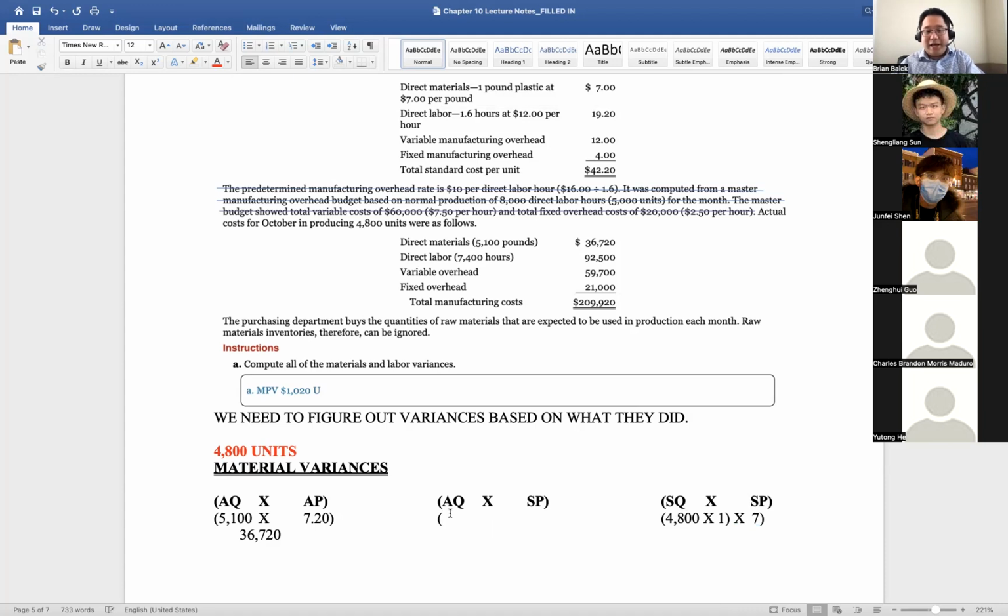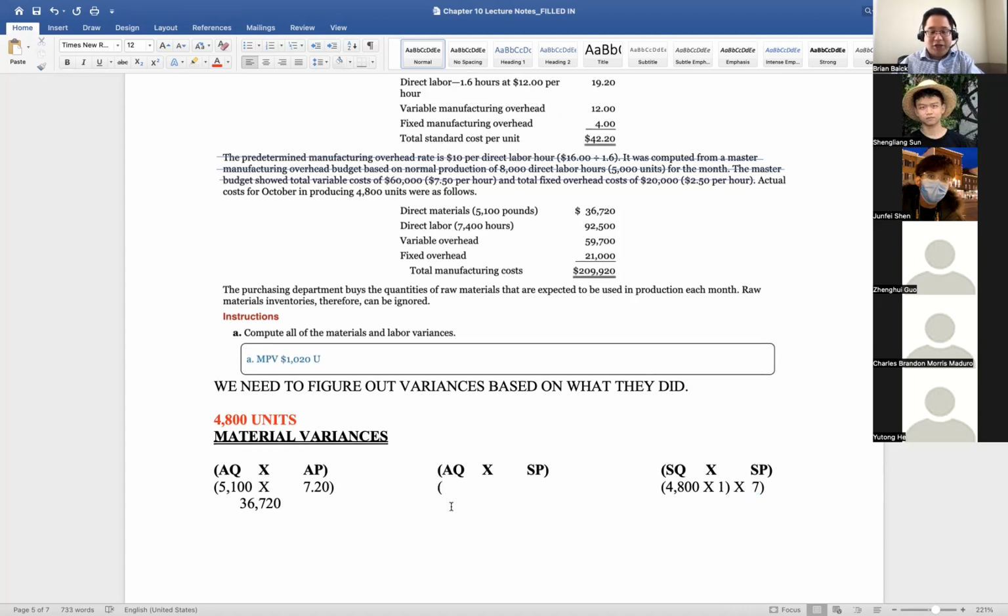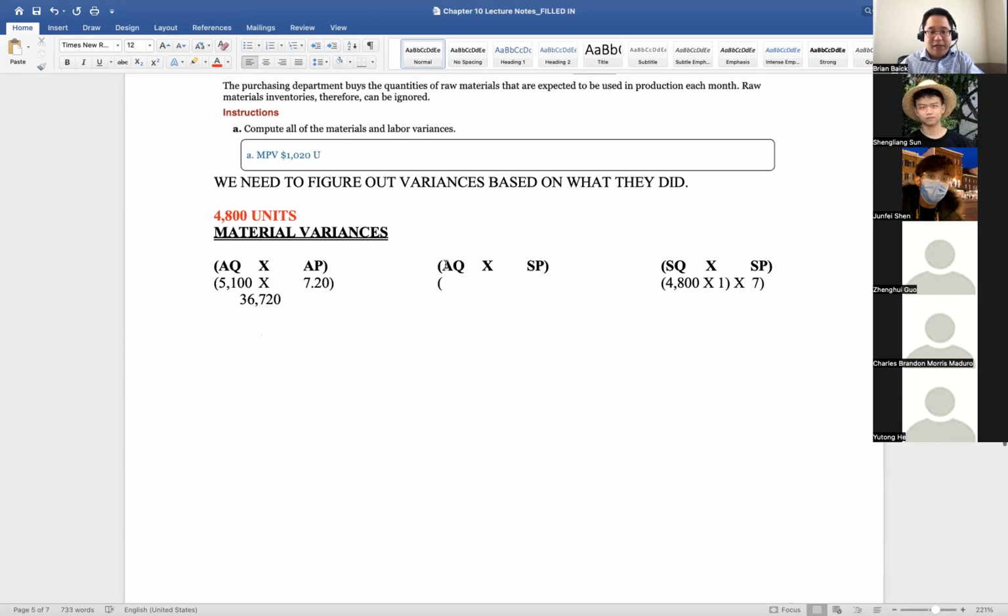The middle part is easy now once you get the left side and the right side, because here it says actual quantity, AQ. Well, that's 5,100. We figured that out from before, 5,100, times a standard price of 7.